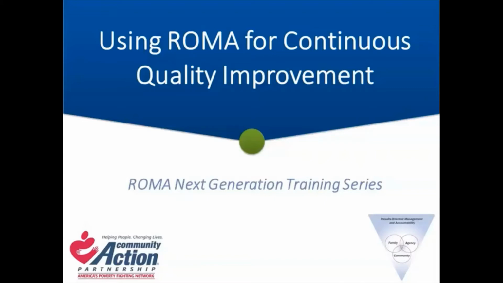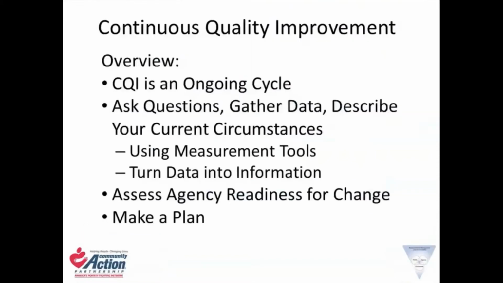Thanks, Courtney. We're going to talk today a little bit about continuous quality improvement. We're going to look at the ongoing cycle of CQI. We're going to think about asking questions, gathering data, and describing your current circumstance. Part of that description involves using measurement tools and turning the data that you collect into information.